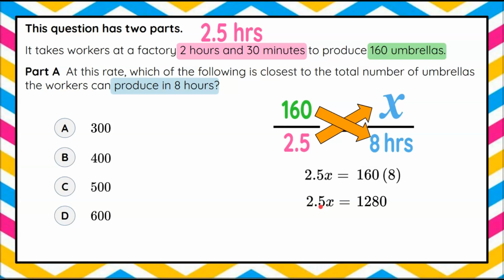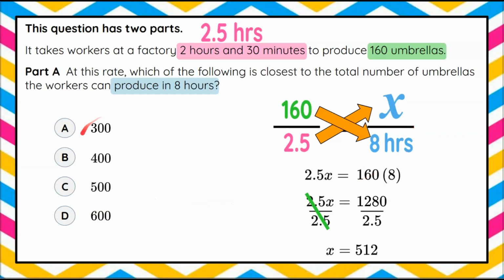So we're going to take 2.5 and divide both sides by 2.5. Whatever you do to one side of the equation, you must do to the other. 2.5 divided by 2.5 gives you 1, so we have x left over here. And then using your calculator, 1,280 divided by 2.5 is 512. So we know that 512 umbrellas were made in 8 hours.